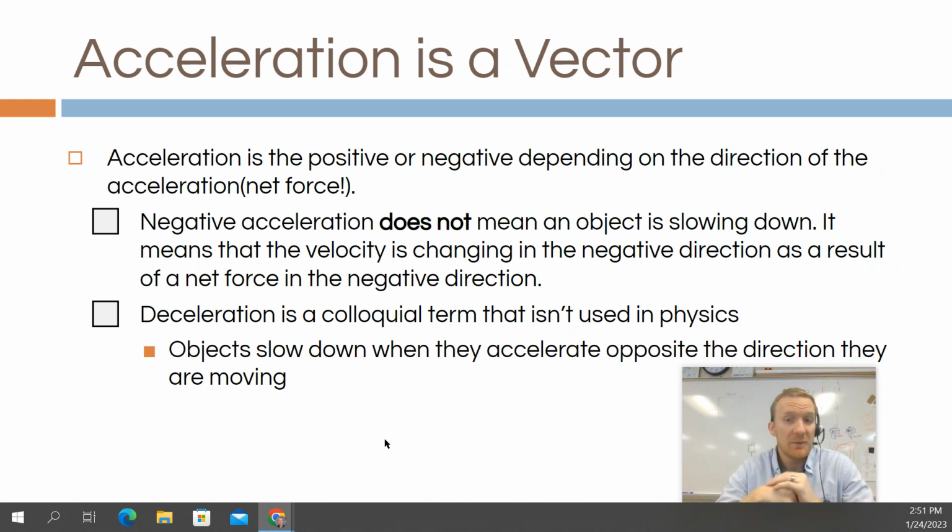So objects slow down when they accelerate opposite the direction they're moving, right? If I'm going to the left and I experience a negative acceleration, that means I'm experiencing a force to the right. It's going the opposite direction of my motion. And we'll go through a couple more examples just to clear that up.